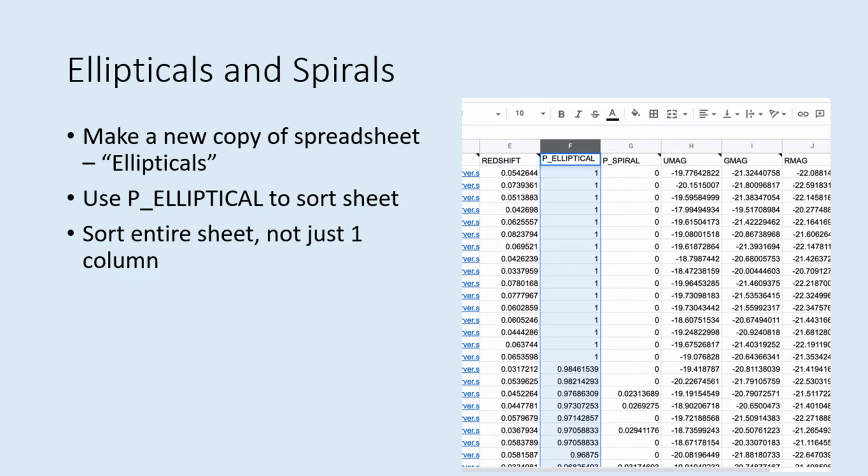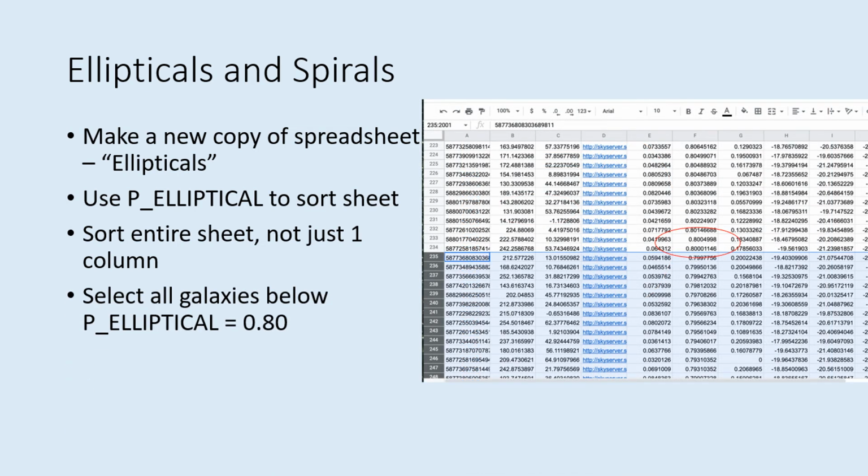You'll know it's working correctly if the p-spirals column starts with a line of zeros, meaning that the galaxies that have a 100% probability of being ellipticals also have a 0% probability of being spirals. Once you've got the spreadsheet sorted, scroll down until you find when p-elliptical drops below 0.80.